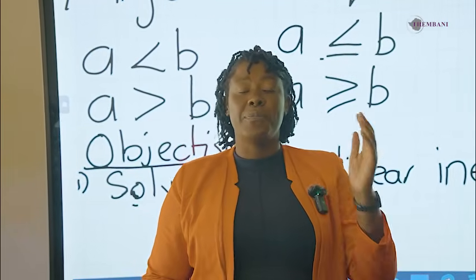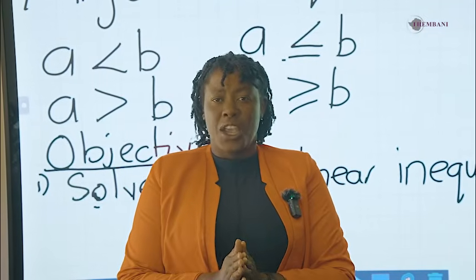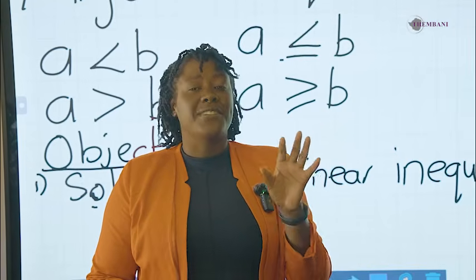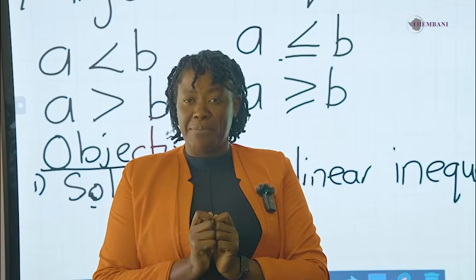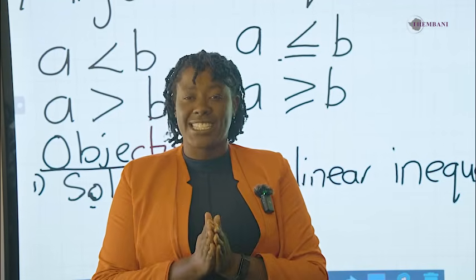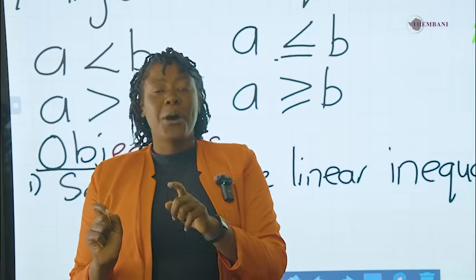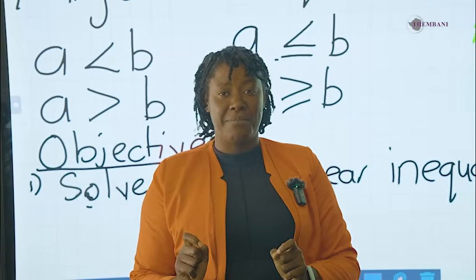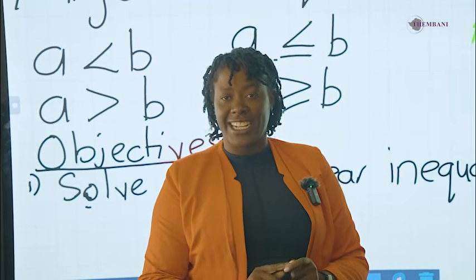So when we move a positive or a negative number, our inequality sign doesn't change. At the same time, when we divide or multiply with a positive number, our inequality sign also doesn't change. But when we divide or multiply using a negative number, it means that our inequality sign changes direction.